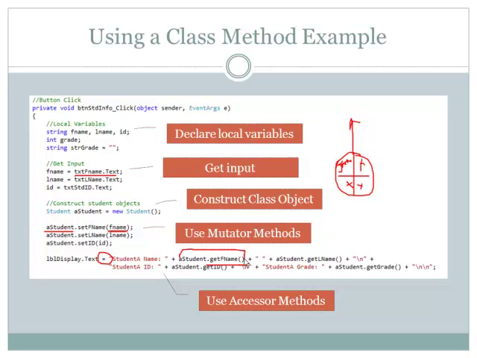So what I will end up with here is actually Jane. It will do likewise for the other as well. So this is an example of using the mutator methods, and then the display is for the accessor methods.